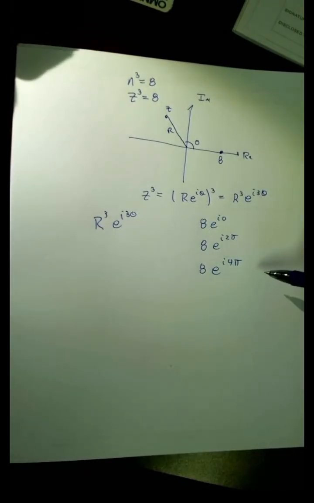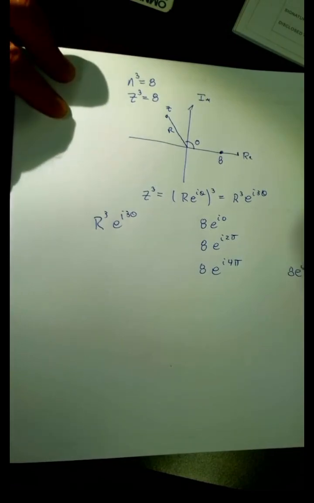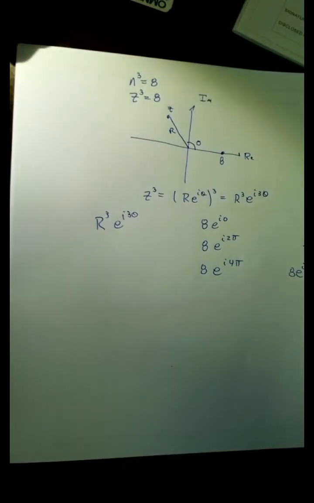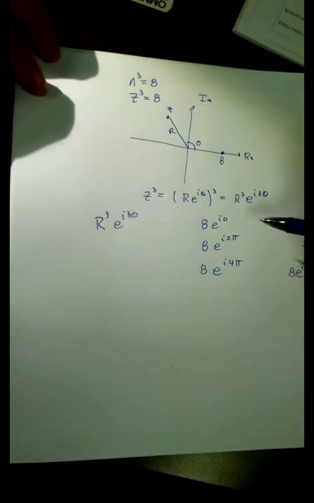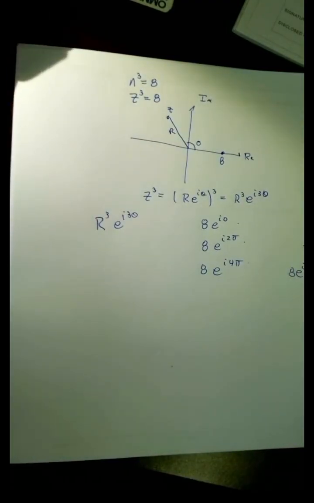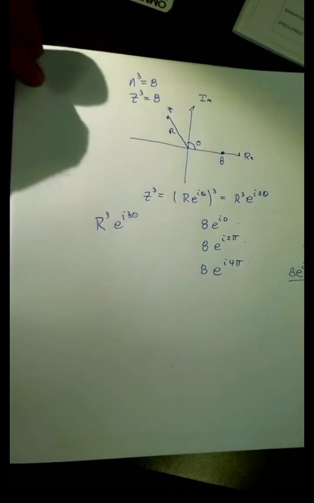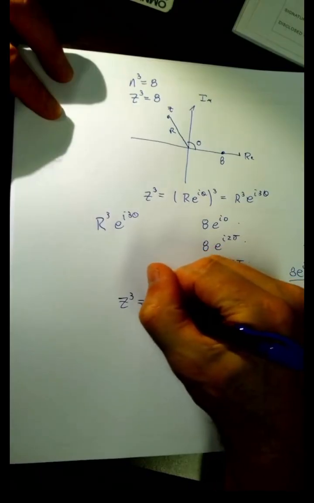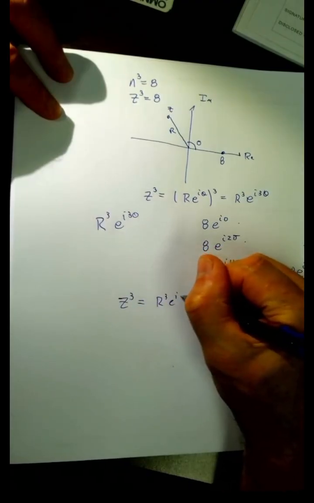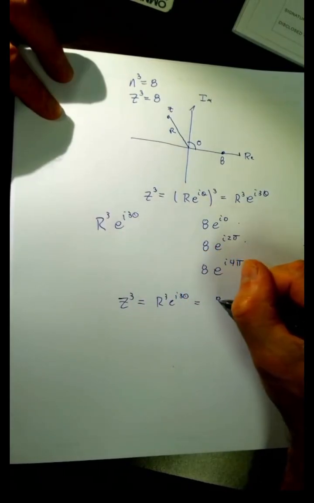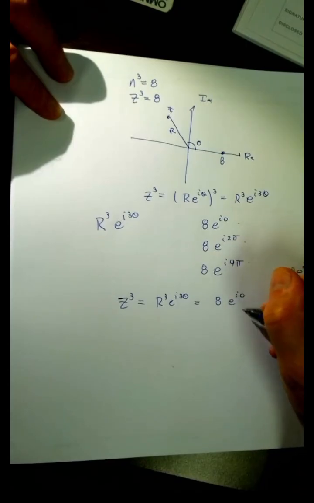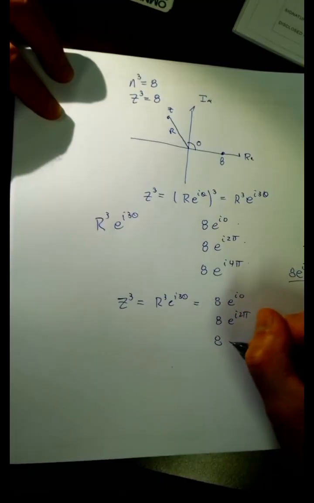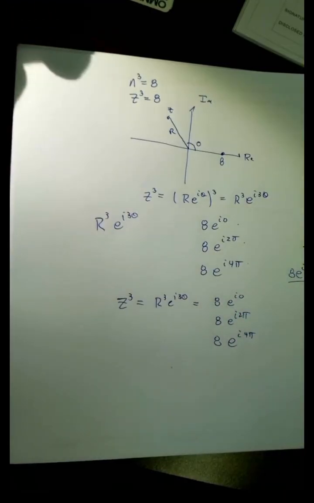At the end of this, I'm going to come back and ask, why did I stop there and not go 3 revolutions? And what we're going to find out is these roots are going to start repeating themselves. So a little foreshadowing there. But for now, I have z cubed is r cubed e to the i 3 theta. It's going to be 8 e to the i 0, or 8 e to the i 2 pi, or 8 e to the i 4 pi.